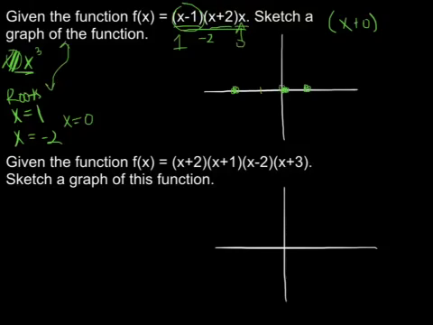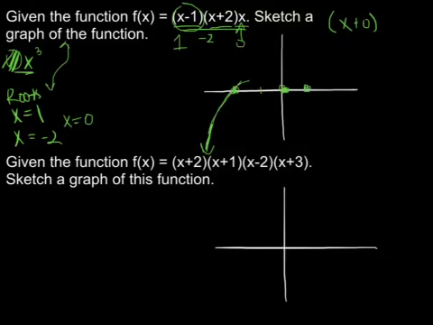Okay? And so I can put these facts together. I can take the basic shape and I can take the roots and use that to sketch my graph. I know I've got to start down below in the negative numbers because a cubic function is going to move upwards from left to right. It's going to have to intersect the x-axis at negative 2.